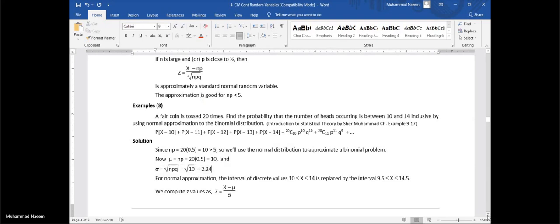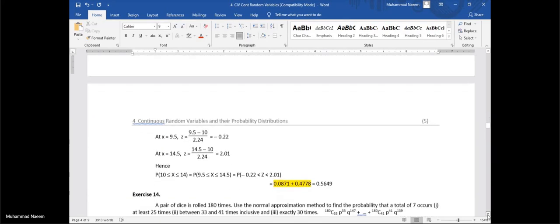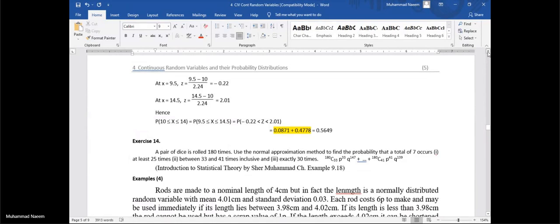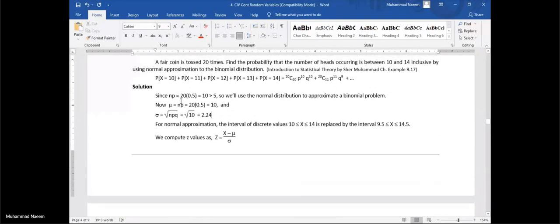As we are using normal distribution, draw the diagram. Normal diagram in which mean is in the center.